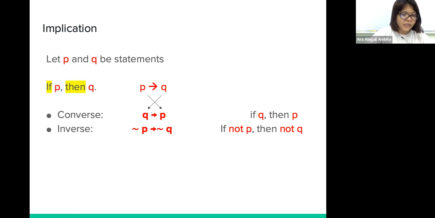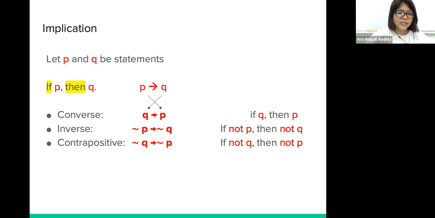The third one is the contrapositive. Suppose we have the original statement again, P implies Q. We compose the contrapositive by interchanging the hypothesis and conclusion of the inverse of the conditional statement. In other words, in order to find the contrapositive, we must first find the inverse.